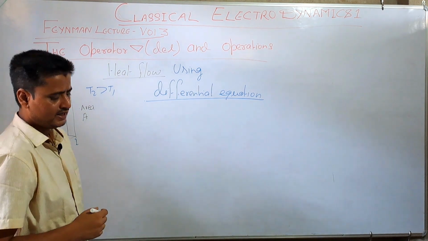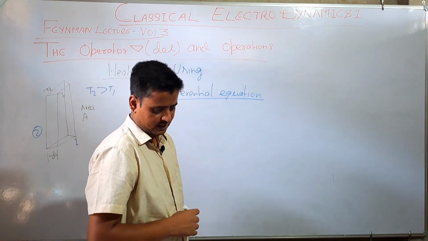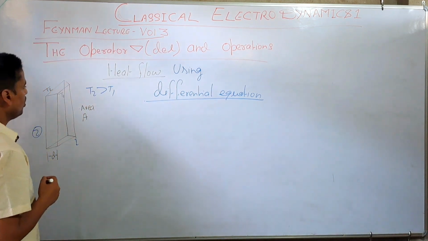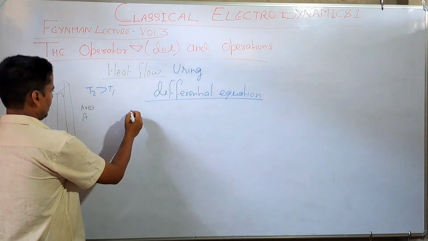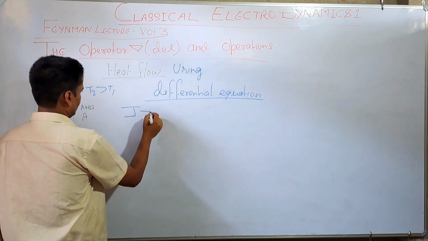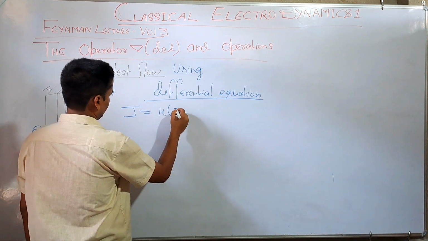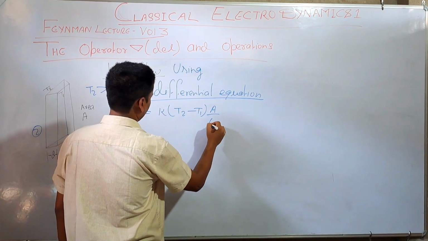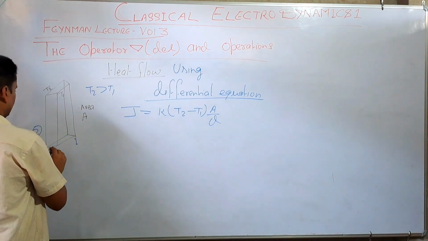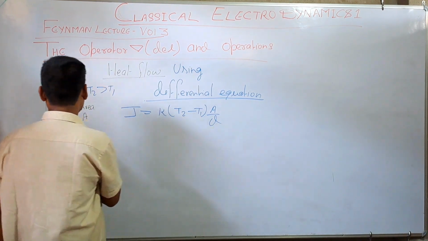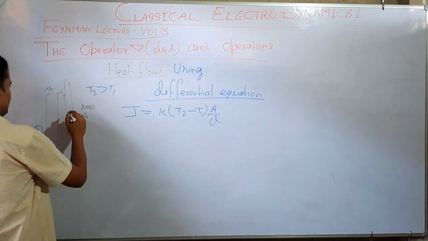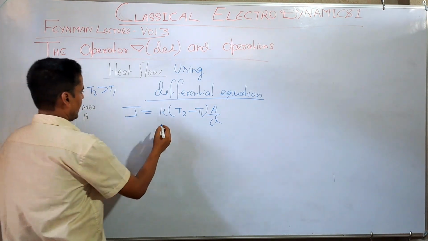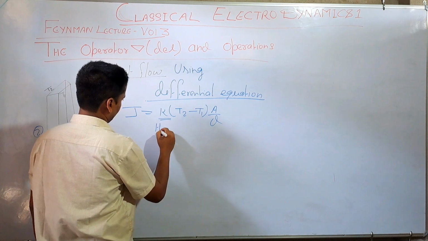So let us find the thermal energy which passes through per unit time. So thermal energy J is kappa (T2 minus T1) A divided by D. D is the thickness of the slab, A is the surface area, and kappa is thermal conductivity.